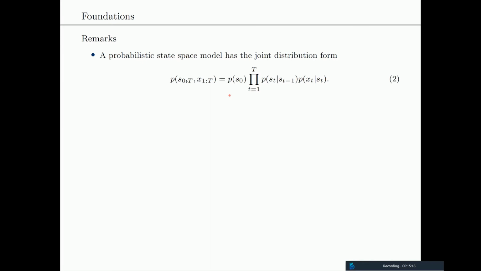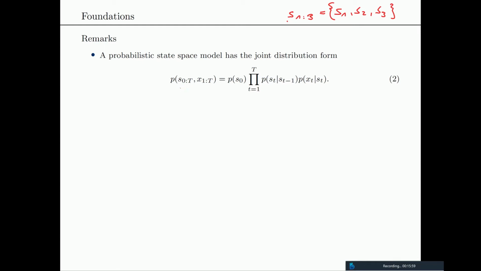Just to make this explicit, it's just S_1, S_2, S_3. So that's this colon notation. If you see something like this, it just means all random variables S_0, S_1, S_2, S_3, up to S_T, big T.